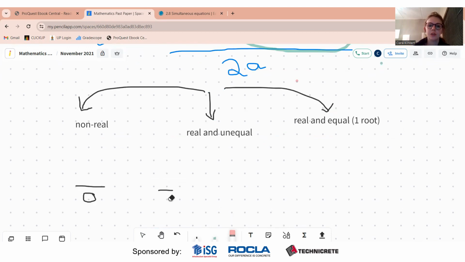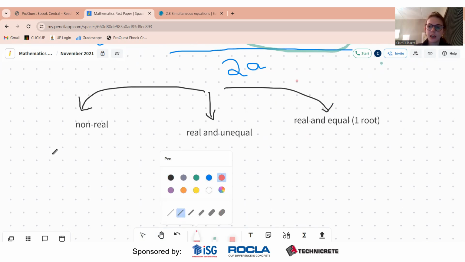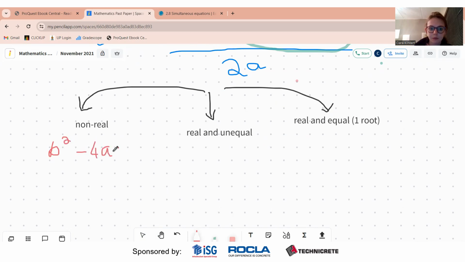For non-real roots, I'm actually just going to start there because that is very easy. To get non-real roots, we need the bit underneath the square root in the quadratic formula to be negative, i.e., it needs to be less than 0. So b squared minus 4ac must be less than 0, i.e., negative.